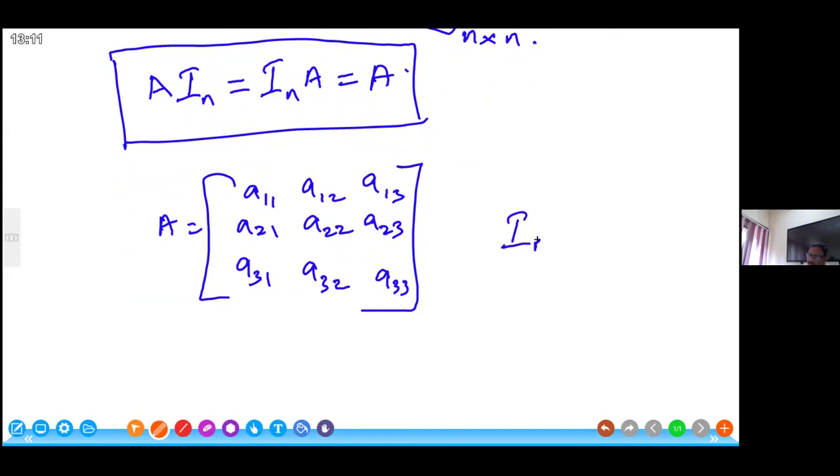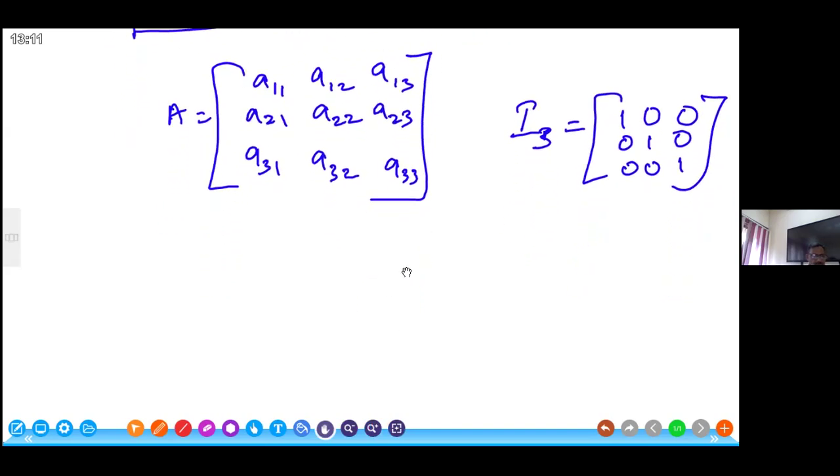If you multiply by I3, this is 1, 0, 0, 0, 1, 0, 0, 0, 1. If you multiply, you can see how it is working.